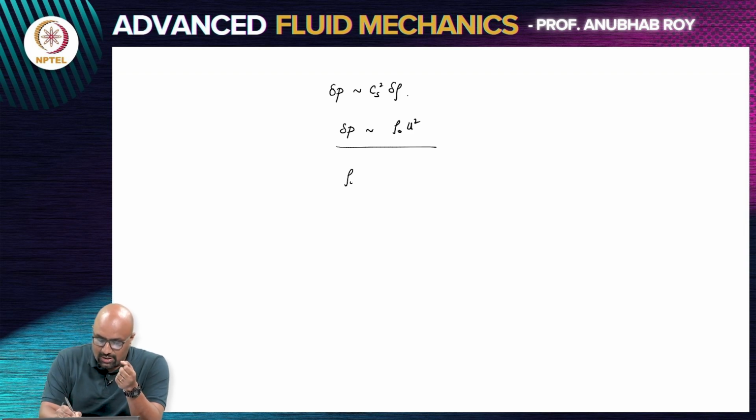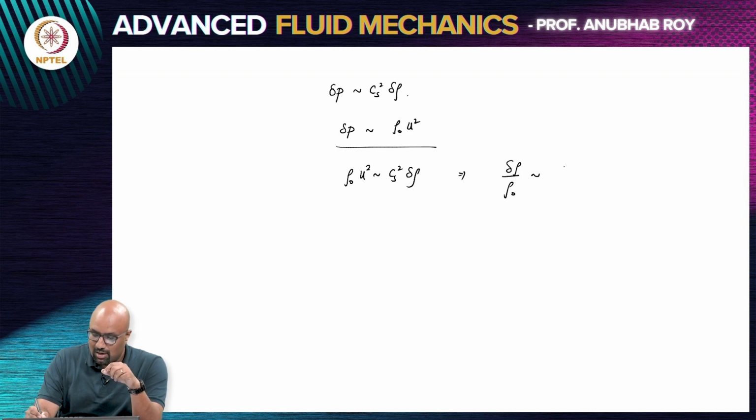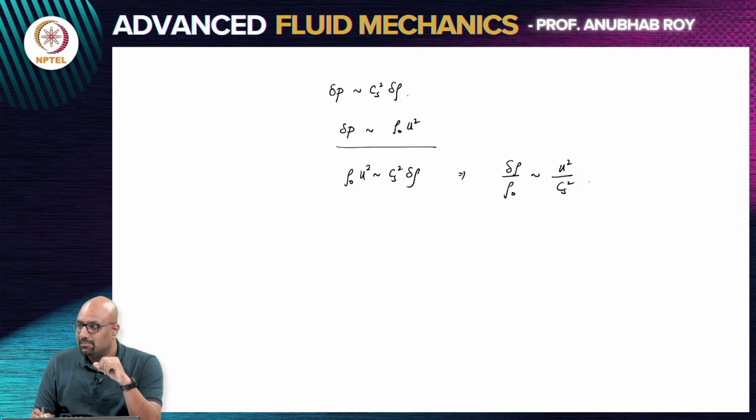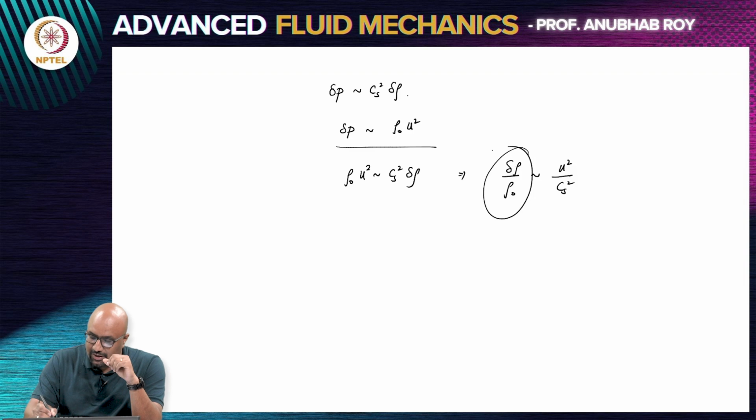So you have rho naught u square is Cs square delta rho, where Cs is the speed of sound. So what we are saying is delta rho by rho naught, the density variation by the reference density, is approximately u square by Cs square. How fast is the flow with respect to the speed of sound in that medium?